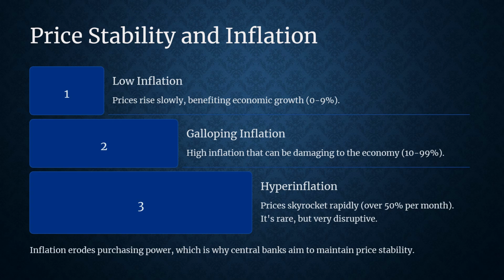Galloping inflation is high inflation that can be damaging to the economy, 10 to 99%. And in hyperinflation, prices skyrocket rapidly, over 50% per month. It's rare but very disruptive.